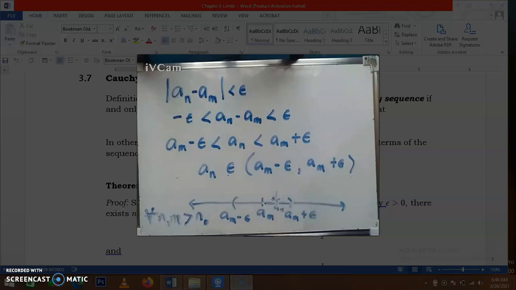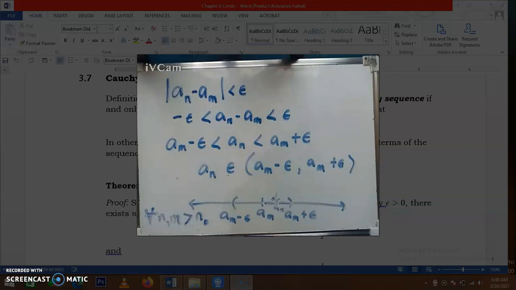As you observe here, depending on the epsilon, whether we can make it as small as possible or not, inside the open interval there is a term in the sequence, say a sub n, for all n, m greater than n sub 0, or as n and m approach infinity.